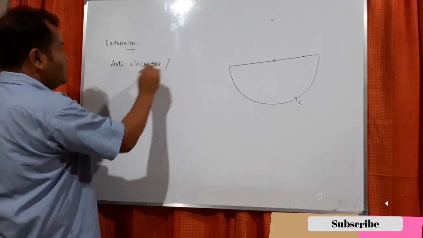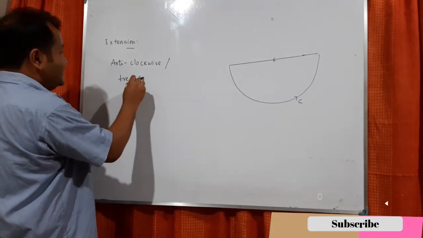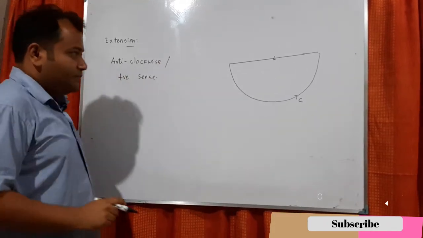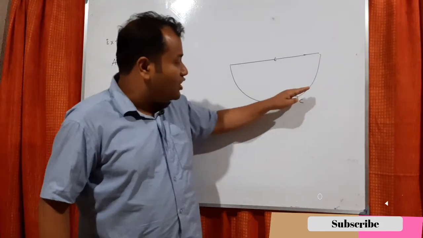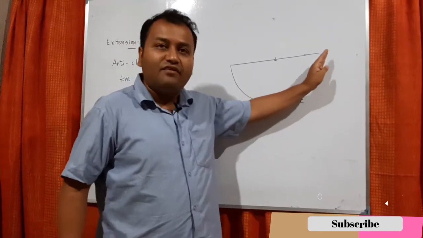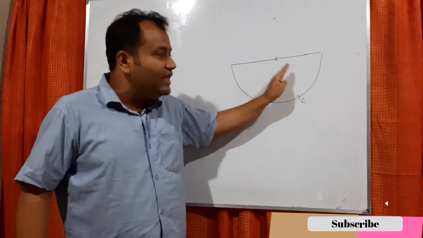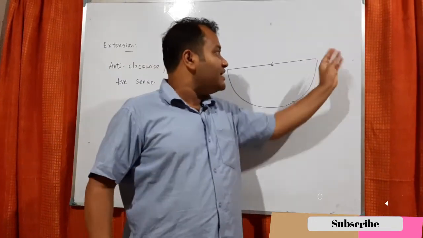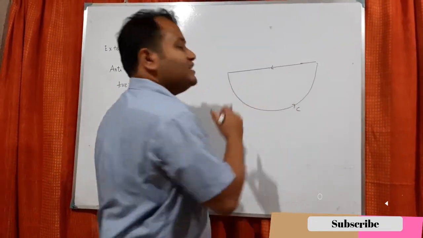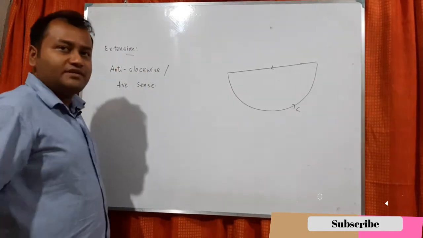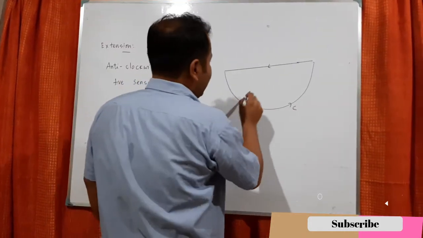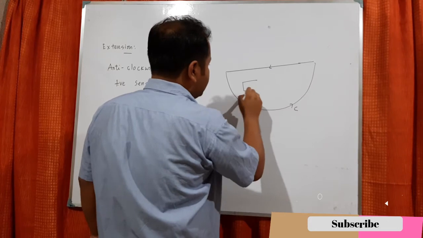That means when you are traveling along the curve, the region should be on your left. So you reach here, and again when you are coming, the region is on your left. So this is anti-clockwise. And say within this there are a few more regions.